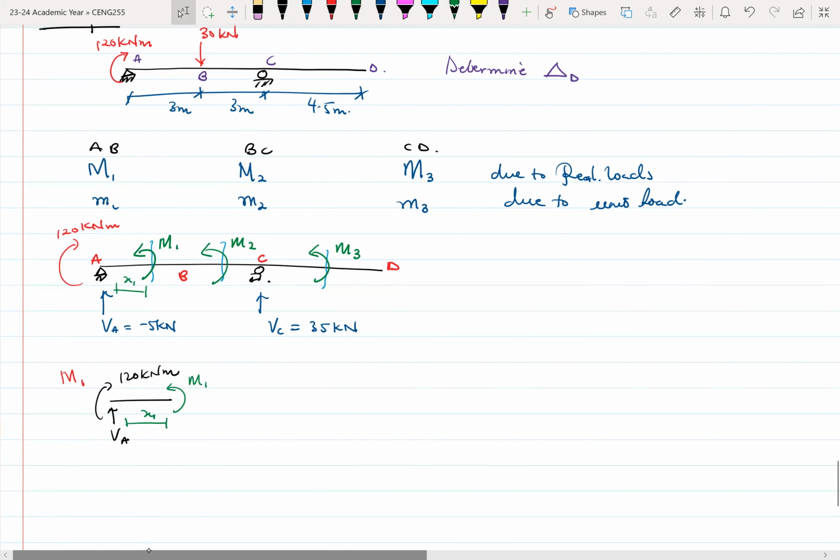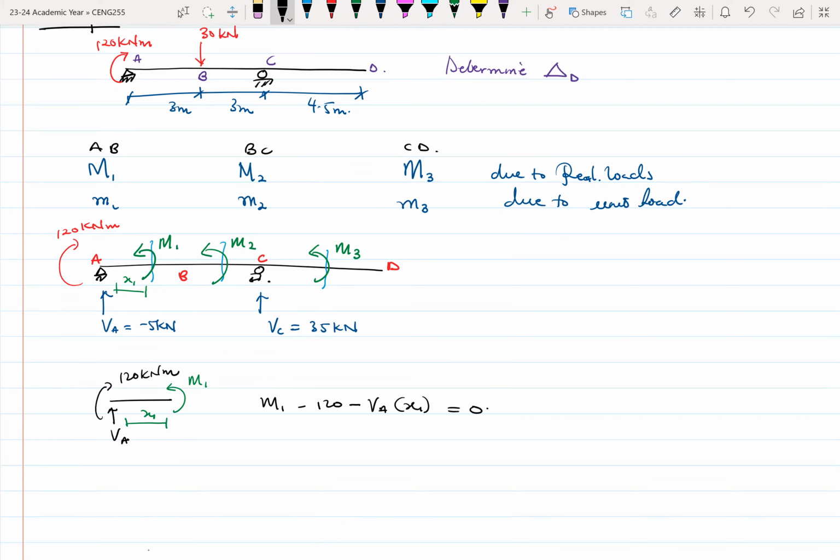To write an equation, let me just take this away here so it doesn't confuse us. So we get M1 minus 120 minus VA times X1 equals 0. Again, look at the directions of the moment.